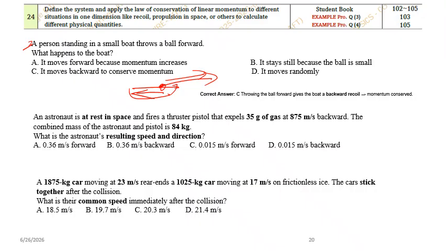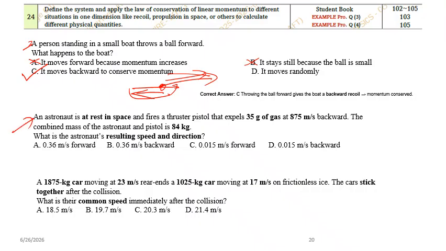It moves forward because the momentum increases? Obviously this is wrong. If the ball moves in this direction, the boat should move in the opposite direction to conserve the momentum. Second one, B, says it stays still because it is so small. But the boat is in water, so friction will be comparatively less, and obviously it has to move. So this is wrong. It moves backward to conserve momentum. So C will be the correct answer.